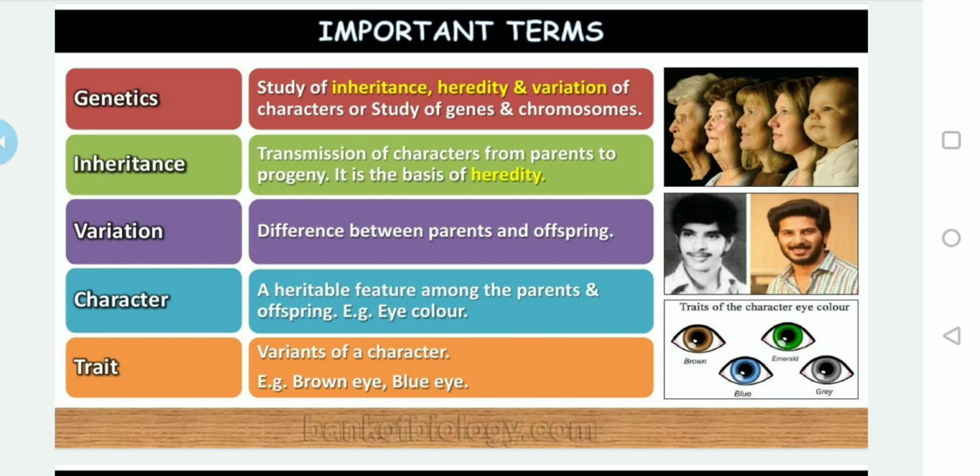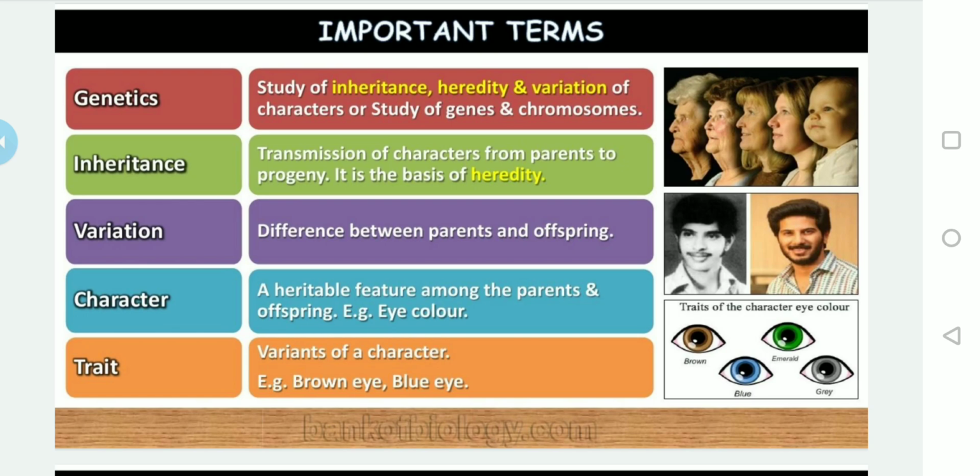The pattern of the hair is also a character, and we can also say the pattern of skin. Height is also a character. So a heritable feature among the parents and offspring is called a character.